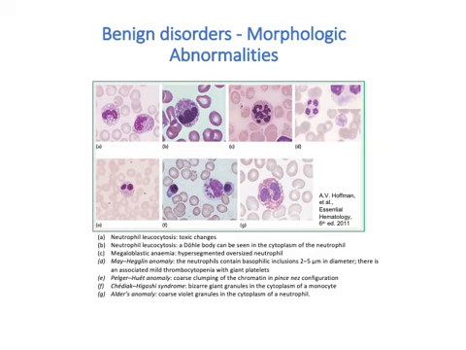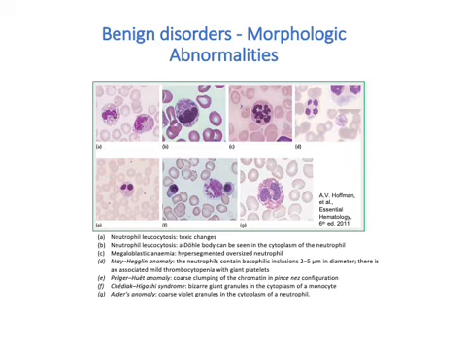In May-Hegglin anomaly, the neutrophil contains basophilic inclusion of RNA, resembling your Döhle bodies. There is an associated mild thrombocytopenia with giant platelets. Inheritance is autosomal dominant and usually due to mutation in your MYH9 gene, which encodes a myosin heavy chain.